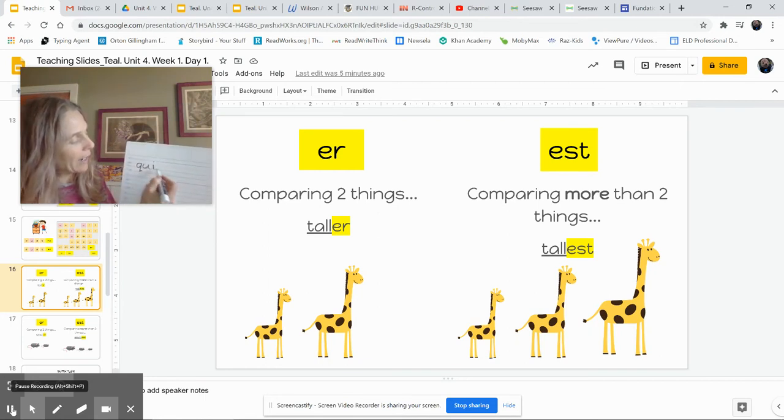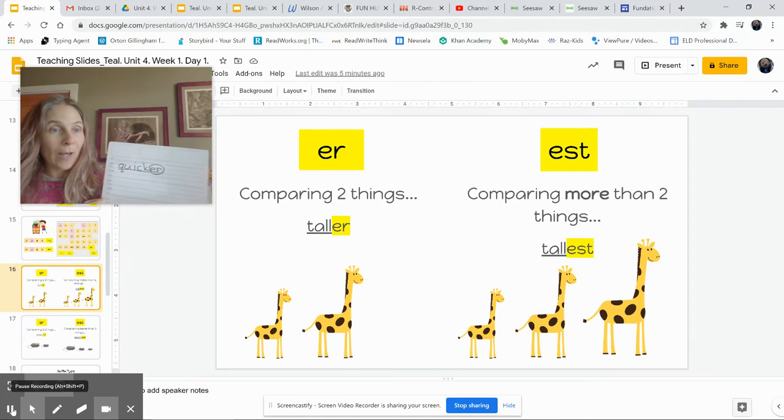I've got a short vowel and the k sound, so I need to add a C. Quicker. Great. I'm going to underline my base word and circle my suffix.